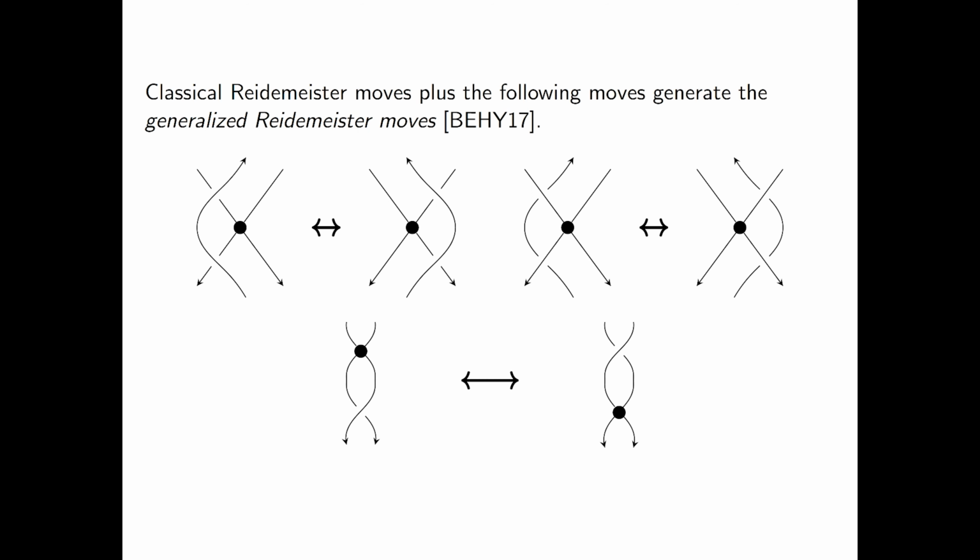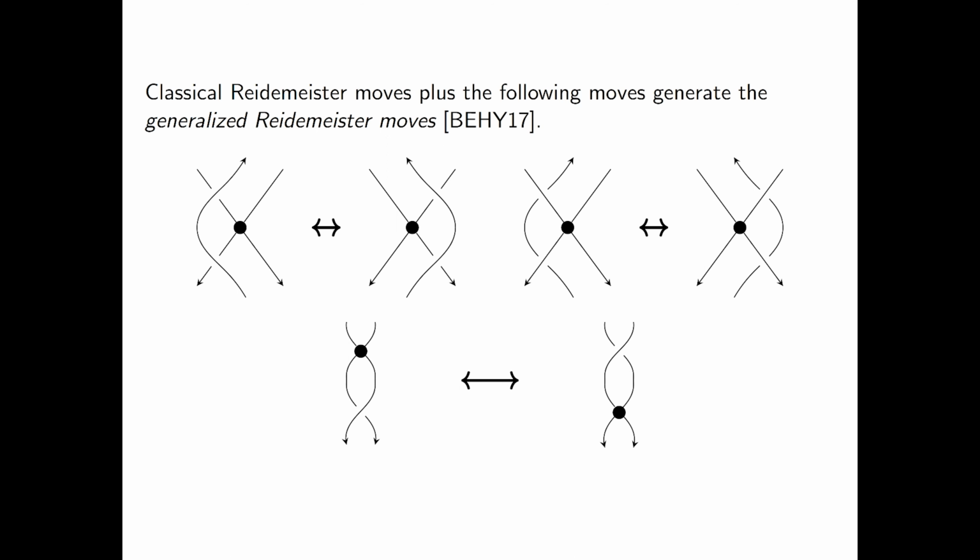Since we're interested in studying singular knots and links, and we're going to be doing this with the use of singular link diagrams, we need to introduce the Reidemeister moves for these types of diagrams. If we were just considering classical knots and classical knot diagrams, then the generating set that we just introduced would be enough.